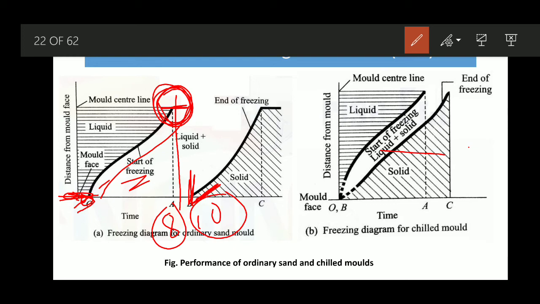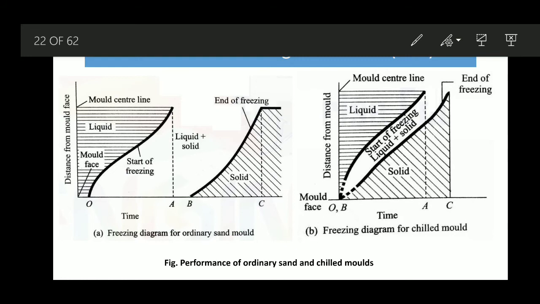What basically happens in most cases is that we feed the molten material in such a way that, as you already know, there are two halves in the mold. The upper half is the cope and the lower half is the drag. Generally, feeding happens at the center line.